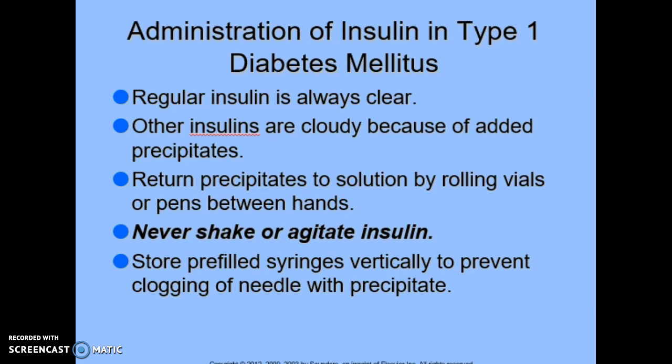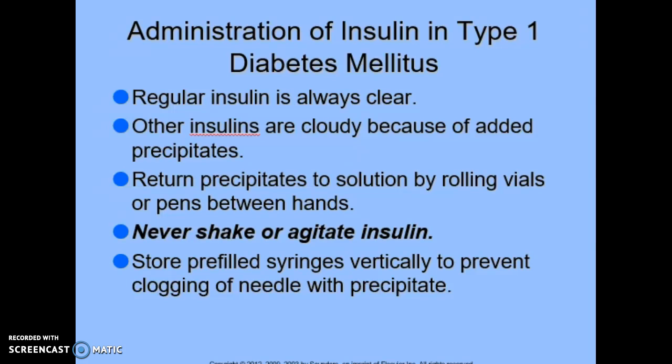So we're still looking at administration of insulin in type 1. Regular insulin is always clear. Other insulins are cloudy because there are added precipitates in there. Return of the precipitates to solution by rolling vials or pens between hands.